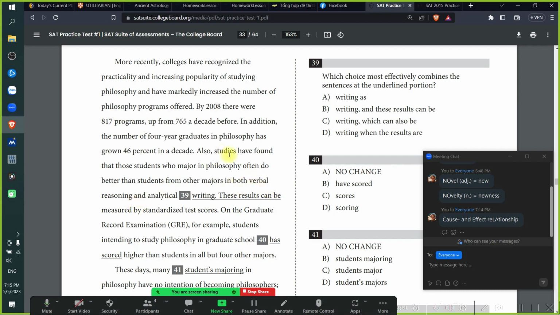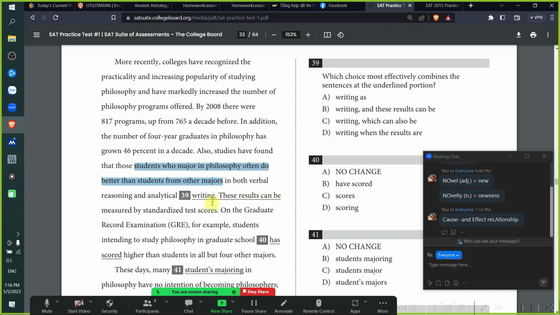Okay. Also, studies have found that those students who major in philosophy often do better than students from other majors in both verbal reasoning and analytical writing, as this result can be measured by standardized test score. Because why? These ideas are well linked together. You should link them. And these test score proves, or they give you the reasoning why this one happened.